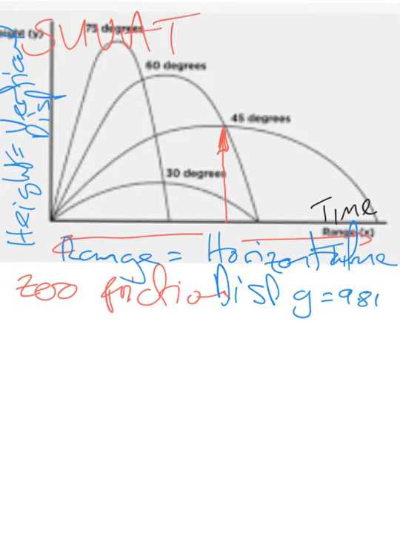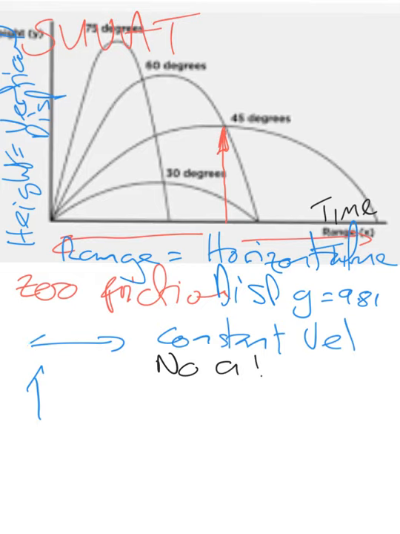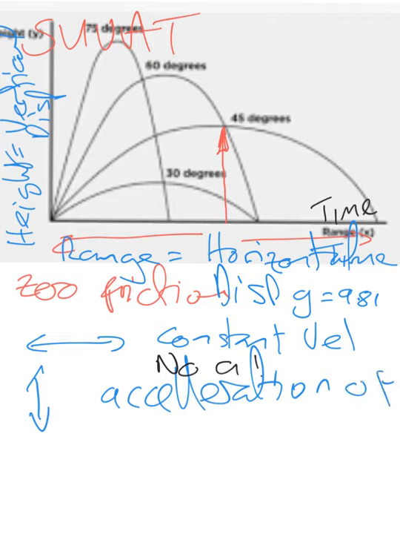The next rule is that when you're doing kinematics and applying suvat, the horizontal movement is constant speed or velocity. The vertical motion has acceleration of g, of gravity, which is obviously constant.